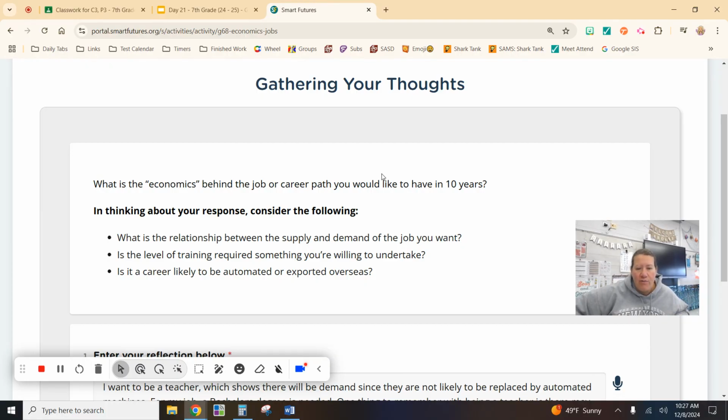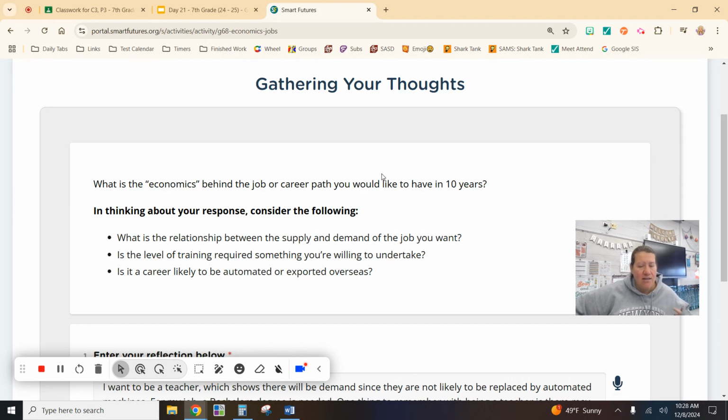Is the level of training required something you're willing to undertake? So I need to have a bachelor's degree for my job. I'm willing to go to college for 4 years. Or I just need a high school education. I will do that, and then I will be done, be able to have my job, whatever the case may be for you. Is it likely to be automated or exported overseas? Is a robot computer going to be able to do my job?